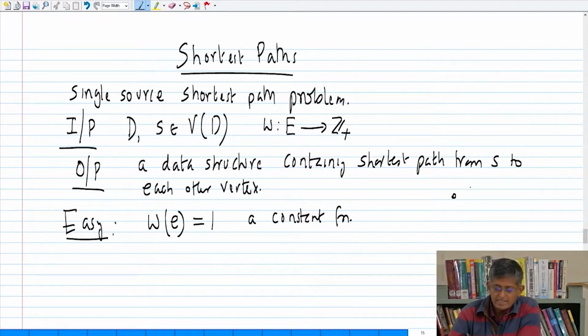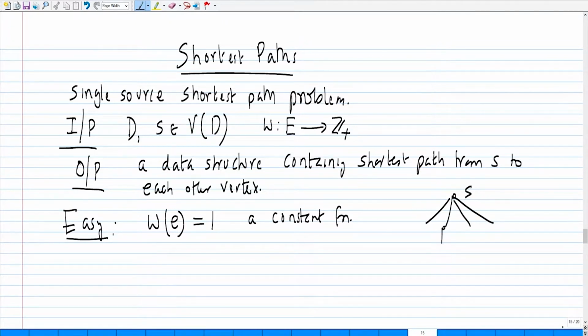So you start at S, right, and do a BFS, and so on and so forth. It's a directed graph, right? So this is not just the tree arc orientations, but it is also the orientations in the given directed graph, right? The vertices are organized into layers.